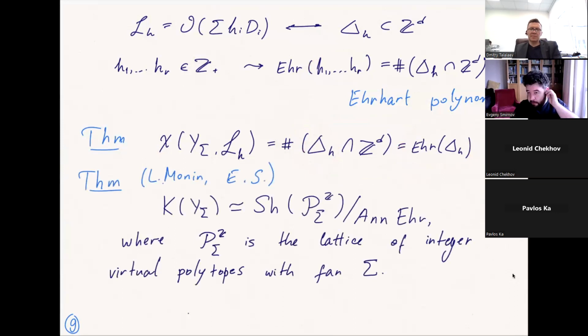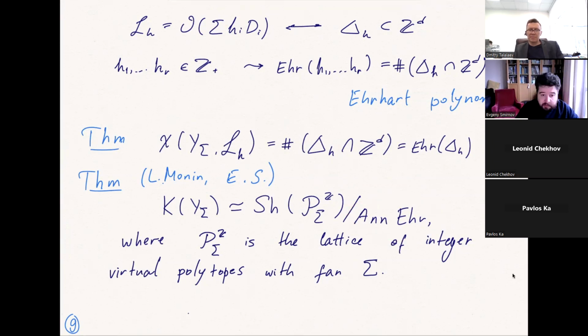So if we apply our result to this construction, we get a description of the K-theory ring of Y sigma. This is the algebra of shifts on the lattice of integer virtual polytopes, where the coordinates need to be integer with a given fan, modulo the annihilator of the Ehrhart polynomial.